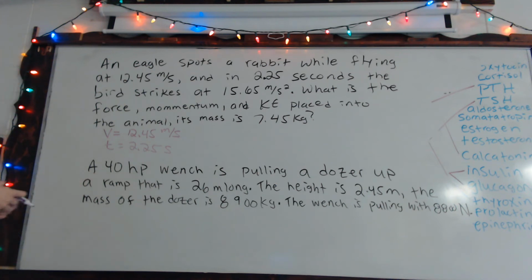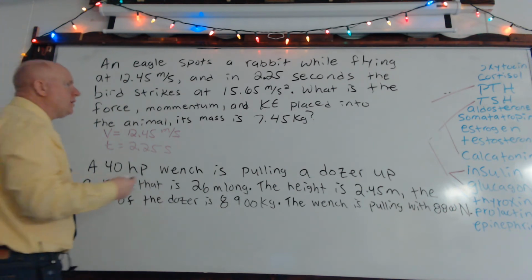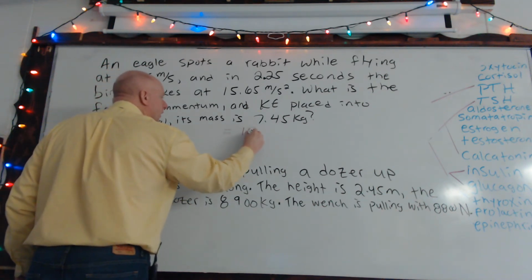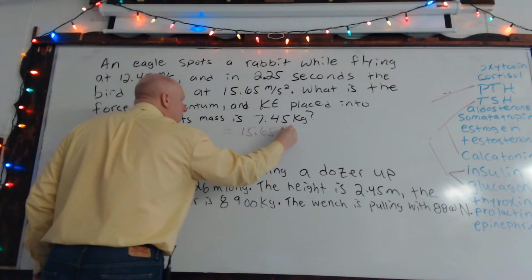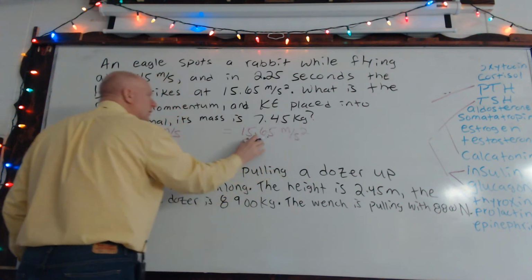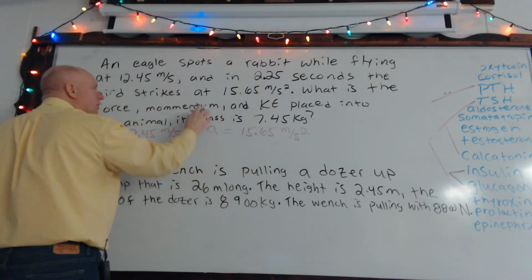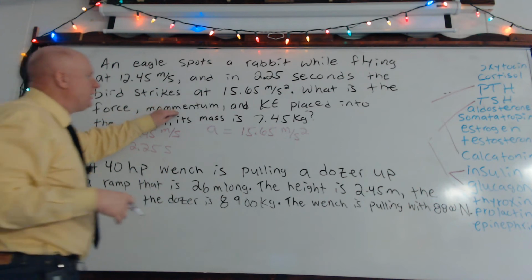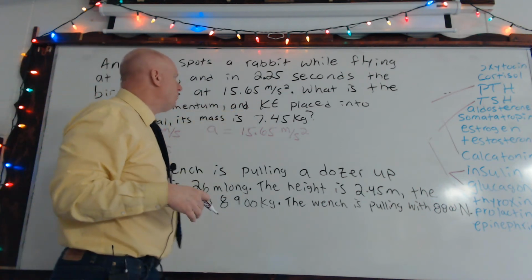And then it strikes with 15.65 meters per second squared. So hopefully, again, by this time, we know that the variable for this is that of an acceleration because it's meters per second squared. So notice we're trying to find a force, a momentum, and the amount of kinetic energy placed into that animal.